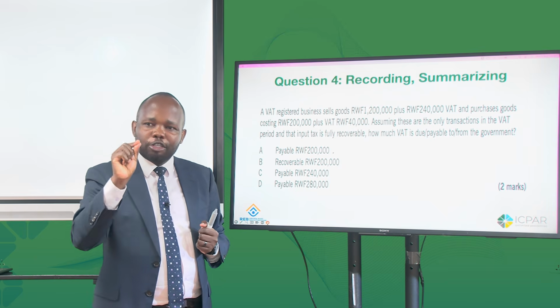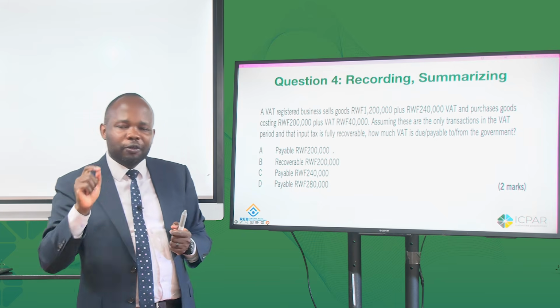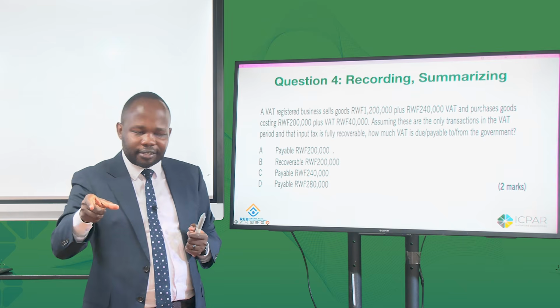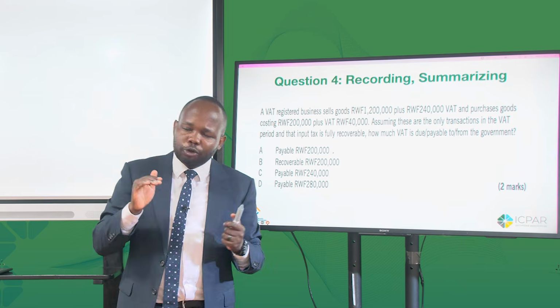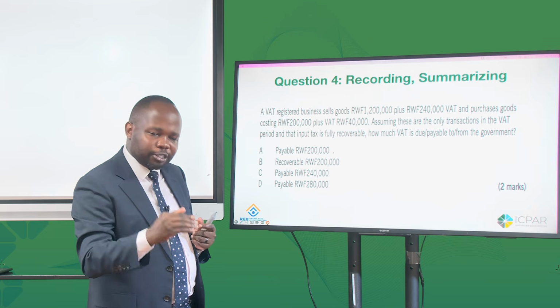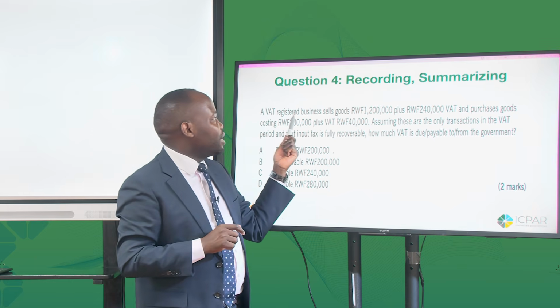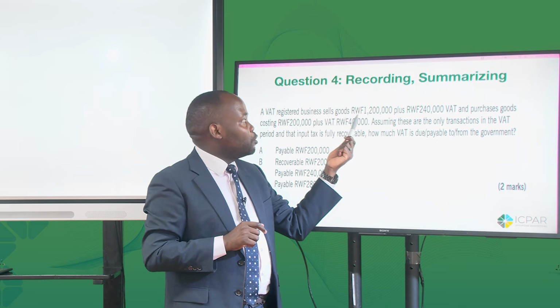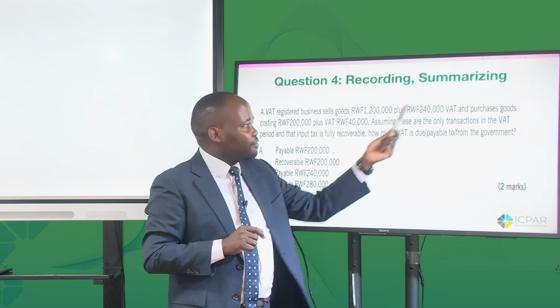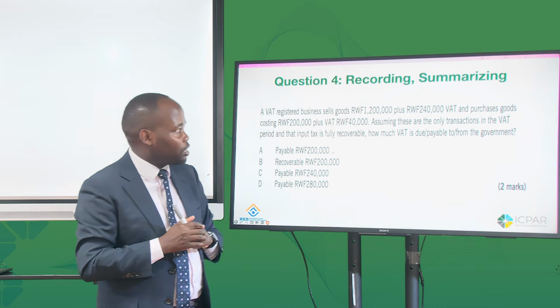There can be an output VAT and an input VAT. Output VAT is related to sales. Input VAT is related to purchases. This VAT can either be inclusive or exclusive of VAT. So here you are being told a VAT registered business sells goods of 1.2 million plus VAT, and purchases goods of 200,000 plus VAT of 40,000.